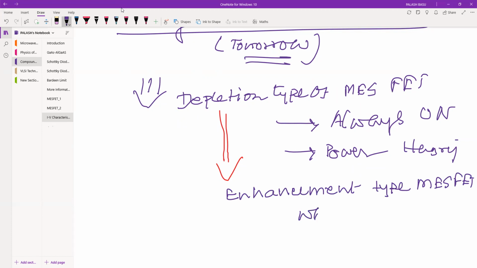Not MOSFET, sorry, MESFET, which is always off.